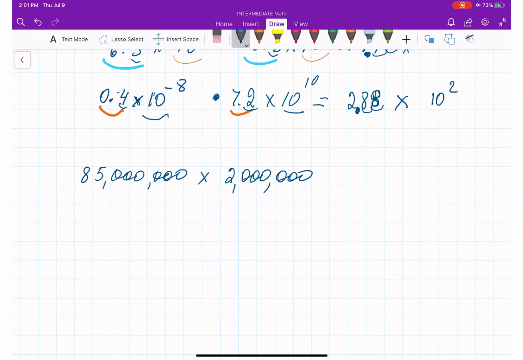So what am I going to get in total? How am I going to multiply? I'm taking 85, multiplying by 2. 2 times 5 is 10, and 1 in mind, 2 times 8 is 16, and 17, 170.